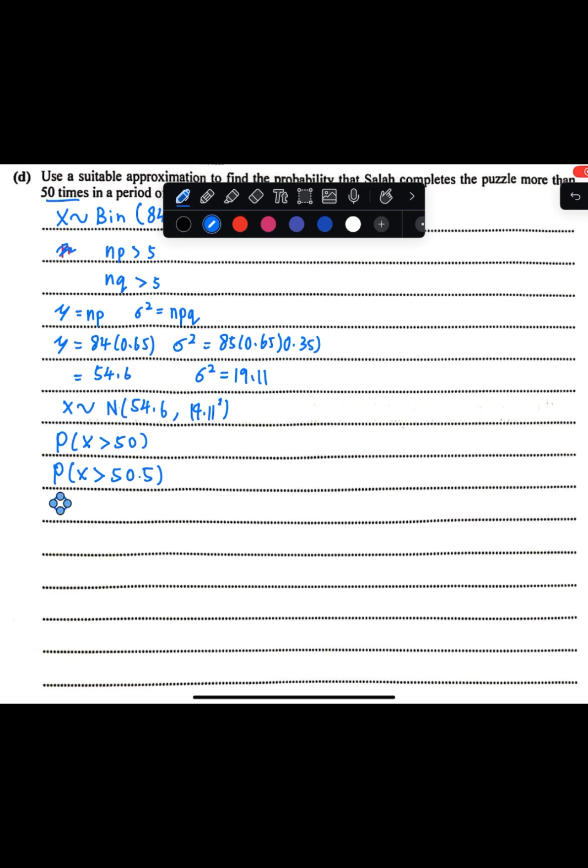Now we need the Z score, which is Z bigger than X minus the mean over the standard deviation. So X is 50.5 minus the mean 54.6, over the square root. Remember to square root, okay? Because what we calculated, npq, is the variance and not the standard deviation. We have to square root the variance.